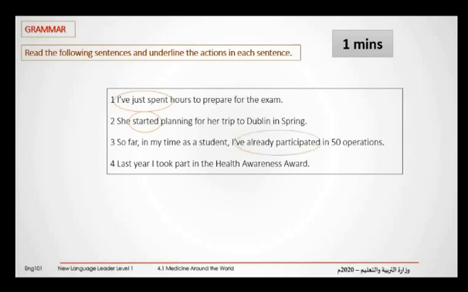Number 3, so far, in my time as a student, I've already participated in 50 operations. And the action is have already participated. Number 4, last year, I took part in the Health Awareness Award, and the action is took.